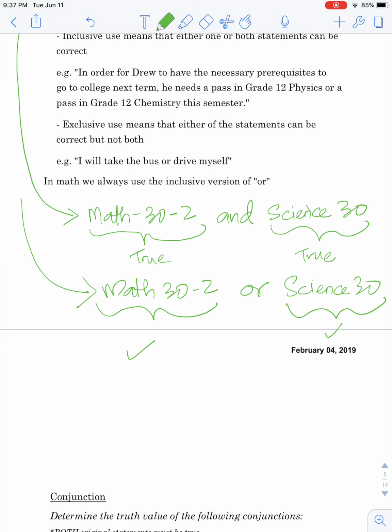When you write this in a mathematical form, you're going to write math or science.